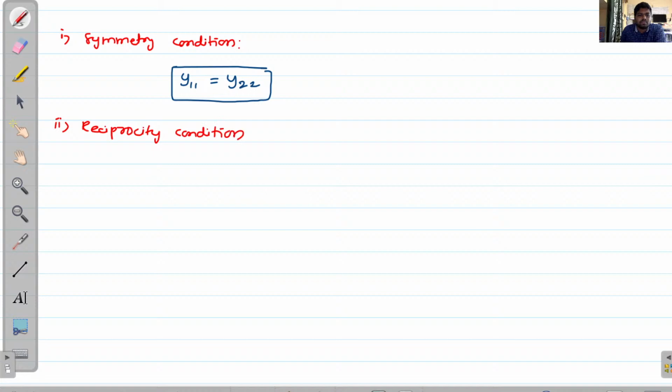In the previous case, z11 equals z22 was the z parameter symmetry condition, whereas in the case of y parameters, y11 equals y22 is the symmetry condition. And the second one is the reciprocity condition. For this, y12 equals y21 is the reciprocity condition, and the proofs I already told you in z parameters, and the same scenario is applicable for y parameters also.